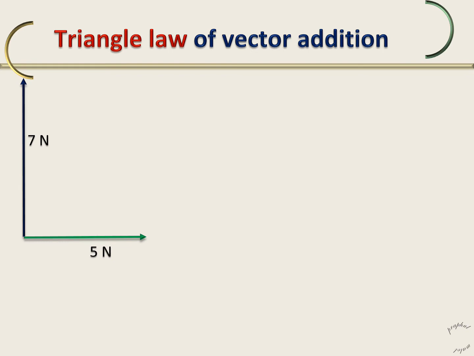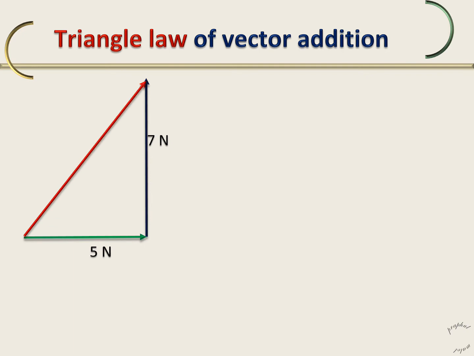Let's see how I can move the 7 Newton so that the two vectors will become continuous, head to tail. This is how I am moving the 7 Newton. Now you can see both vectors are continuous. Then if I draw the third side, here it's the hypotenuse, then you will get the correct resultant.